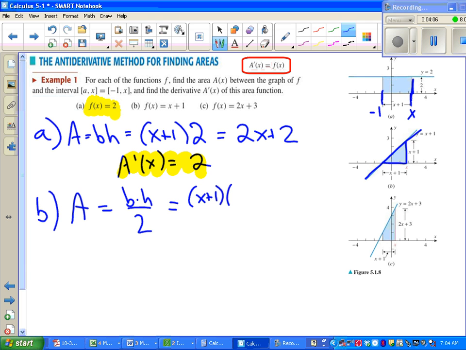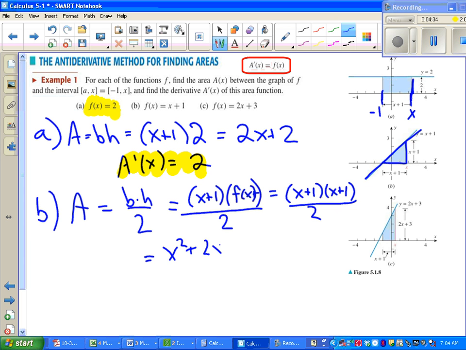If we want to find the height of this triangle, we need to calculate f of x, which is x plus 1. Simplifying this, we end up getting x squared plus 2x plus 1 over 2. Or if I wanted to write that as three separate terms, I could say 1/2 x squared plus x plus 1/2.